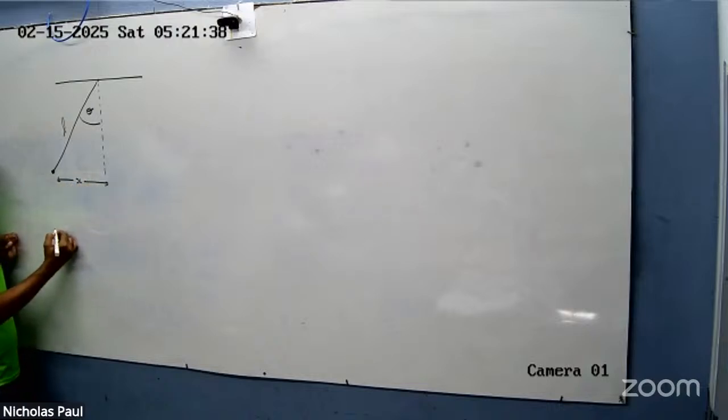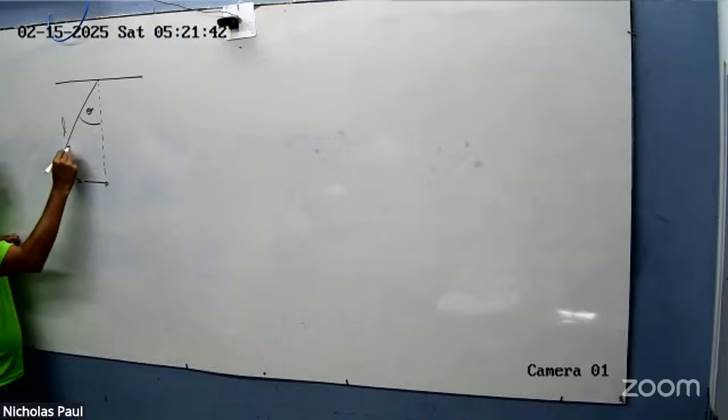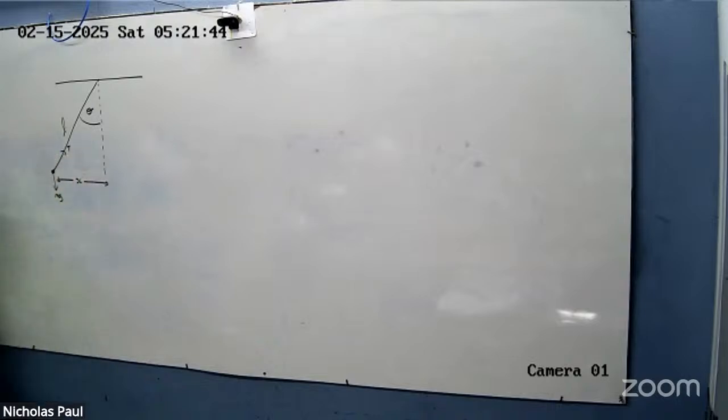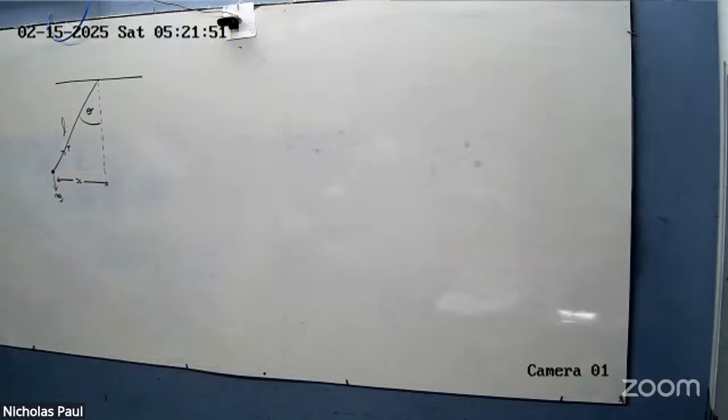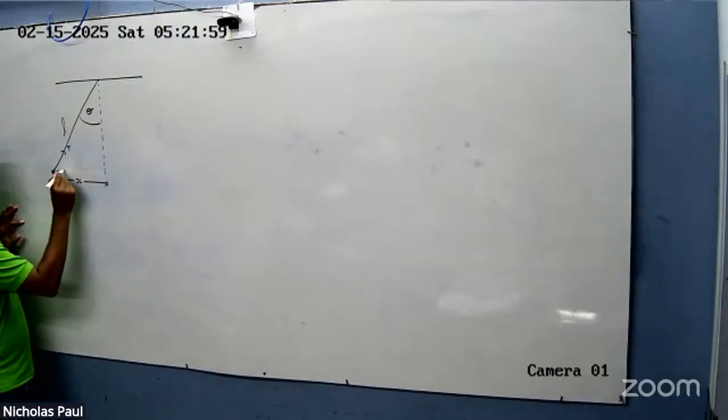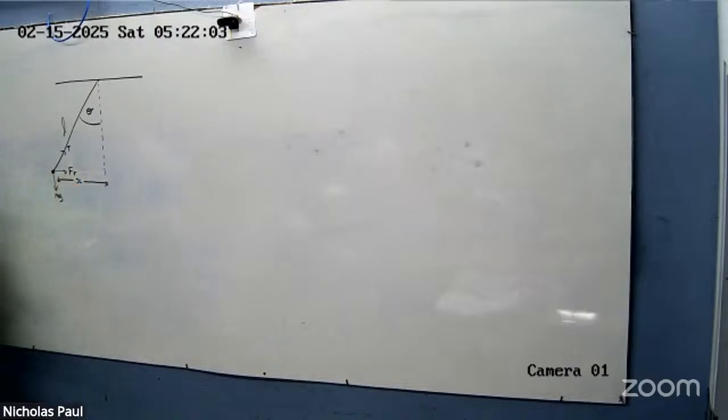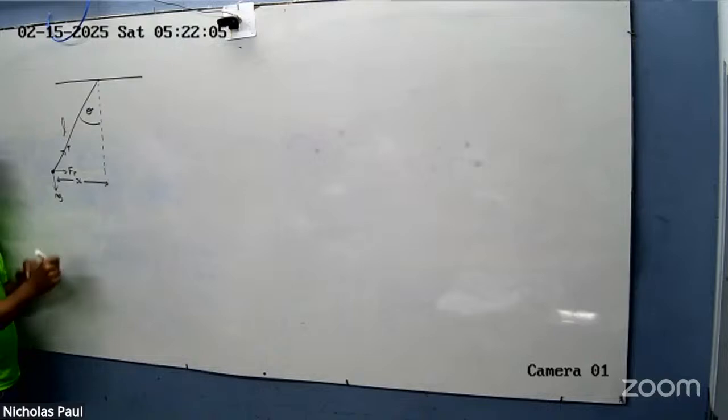And you have tension. There is a resultant force. If I were to leave the pendulum right there, would it stay right there? No, it'll go back. So therefore, there must be a resultant force acting in that direction. Correct? So we draw a diagram and put in the forces.